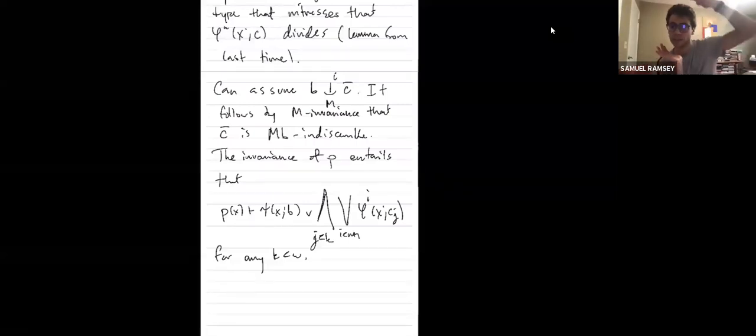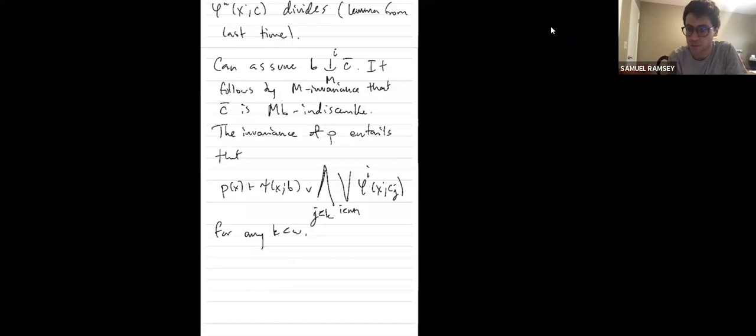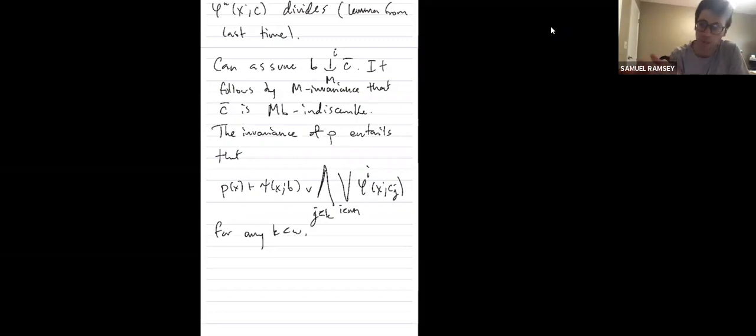So if I look at any finite number, I have to imply the conjunction of all of those things: C X B, or the conjunction of the disjunction where I replace the parameter with any parameter from my sequence. So I could look at the first K, and I have to imply the conjunction of the disjunction with those first K parameters. This just follows from the invariance of our type. Because we imply the first disjunct, we have to imply the second disjunct because it has the same type. And because we imply the second disjunct, we have to imply the third disjunct because it has the same type.